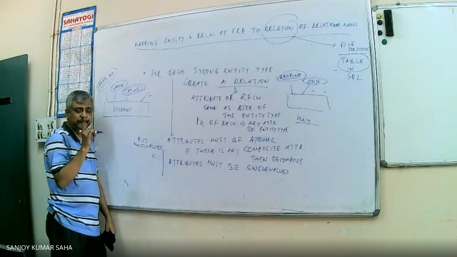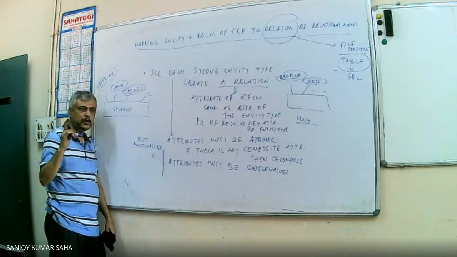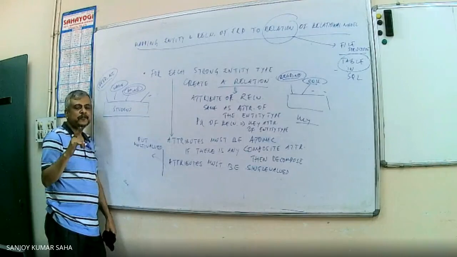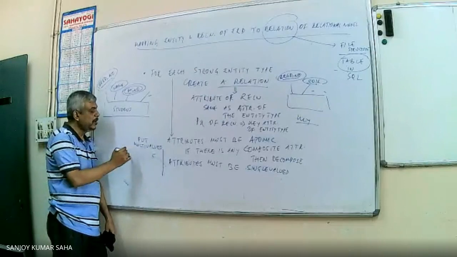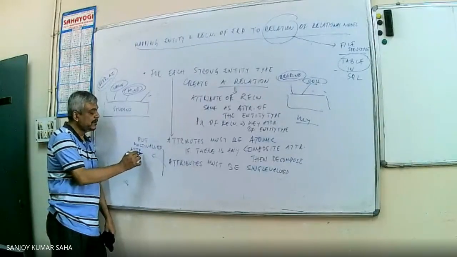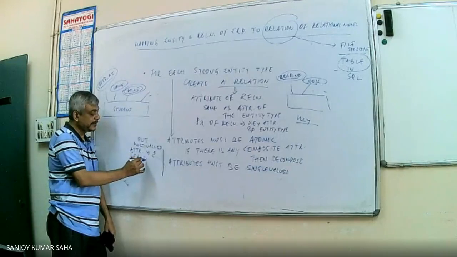Basically, normalization is the formal process for designing. After this mapping, we have to go for another step, that is called taking care of functional dependency. This is one kind of concept we talk about in the context of the relational model. That we will discuss later. So for the time being, put the multi-valued attribute in a separate relation.